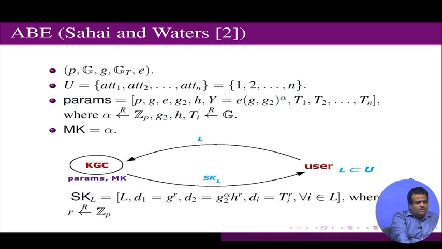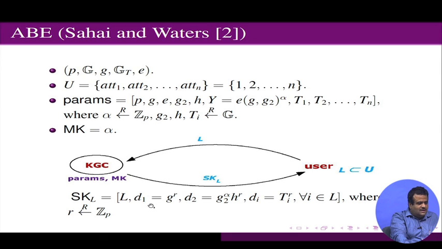So, now what will we do? We will send a credential. The user will send a credential L to the key generation center, KGC, and the key generation center will send an SKL to the user. This SKL is basically L, comma, D1.